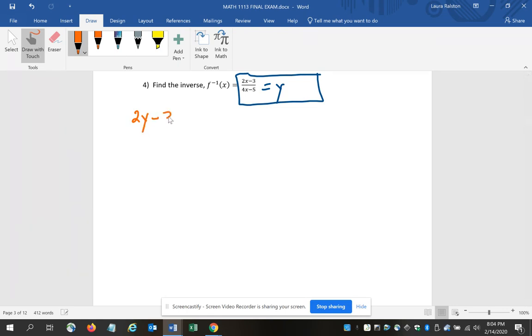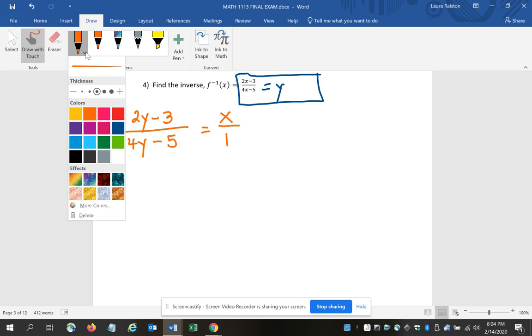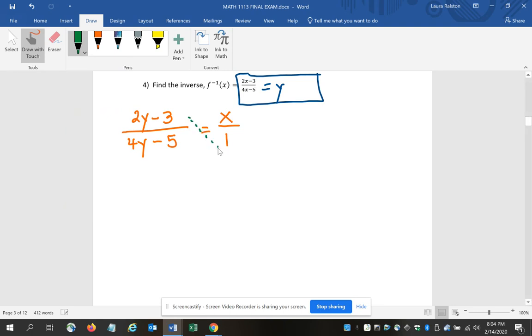So if I rewrite this, I would have 2y minus 3 over 4y minus 5 equals x, and I'm going to make it a fraction by putting it over 1. Because basically I have a fraction equal to a fraction, which in mathematics is called a ratio, we're going to cross multiply.